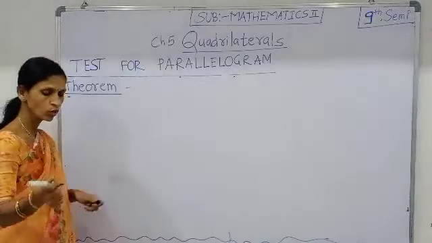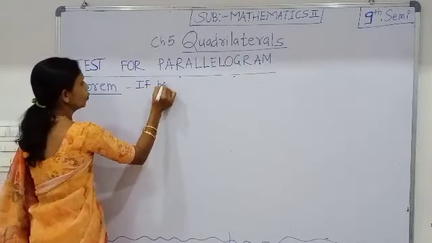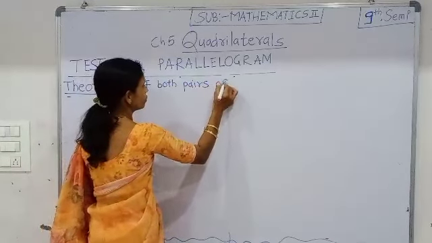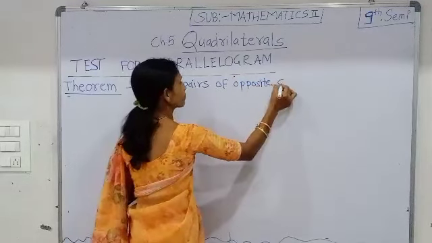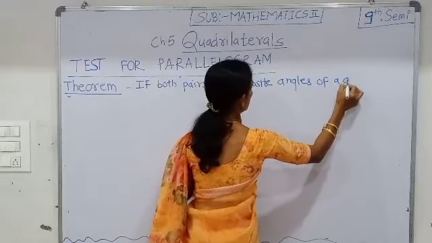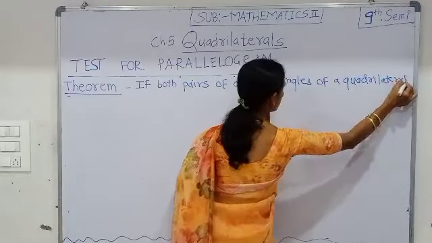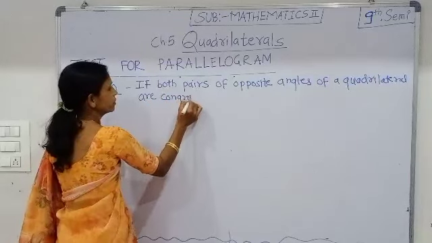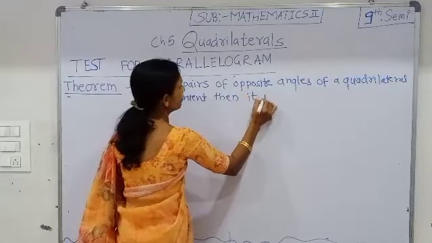One more property is given here: if both pairs of opposite angles of a quadrilateral are congruent, then it is a parallelogram.